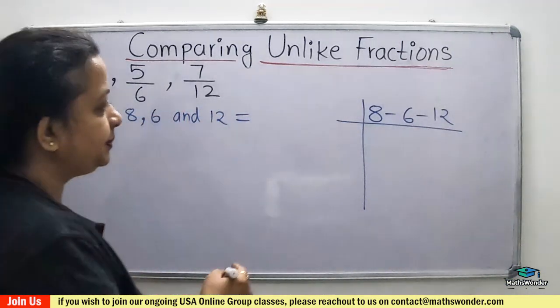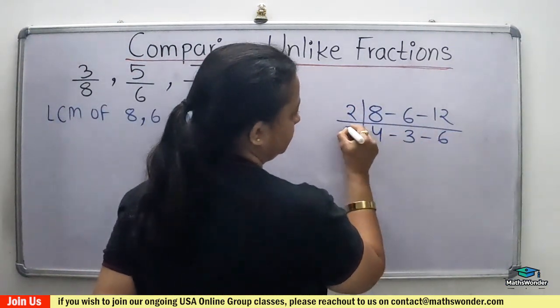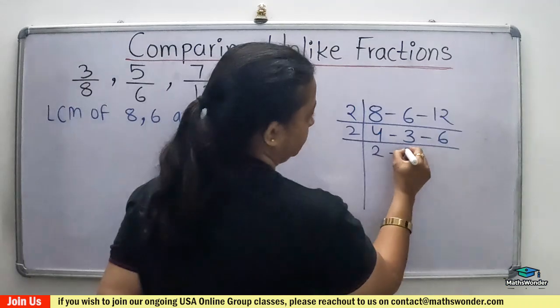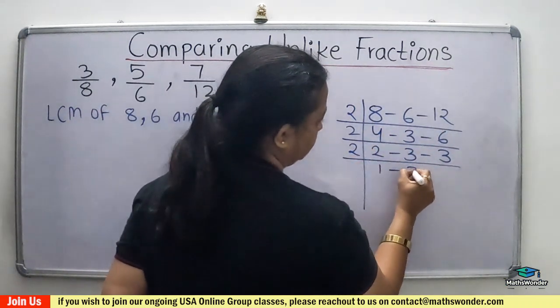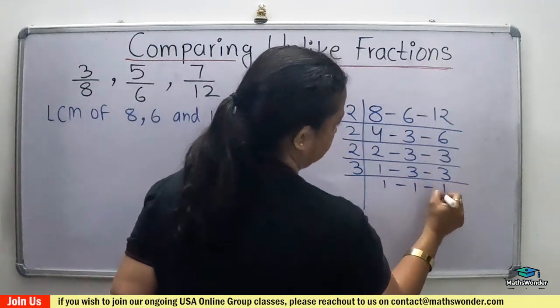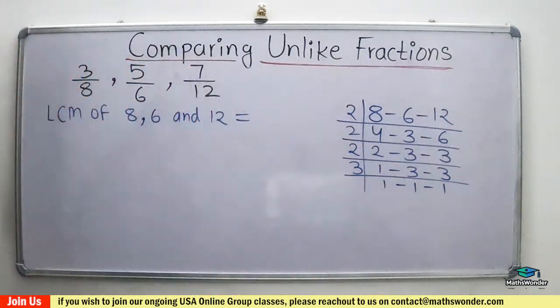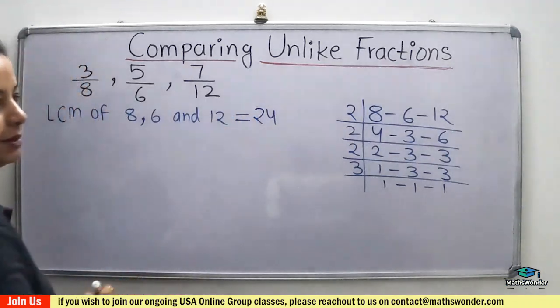What is the LCM? 2 times 2 times 2 is 8, 8 times 3 is 24. Right? So our LCM is 24.